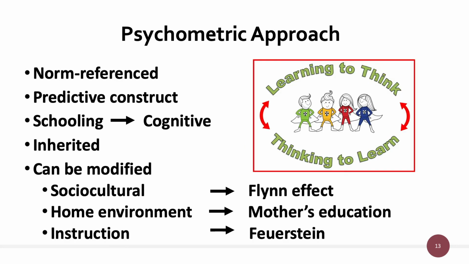A third factor is the implementation of special programs, such as Reuven Feuerstein's Instrumental Enrichment Program. Learners who have spent at least 2 years in this program have shown substantial increases in IQ scores.